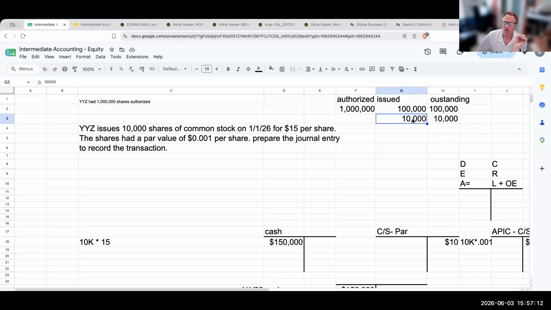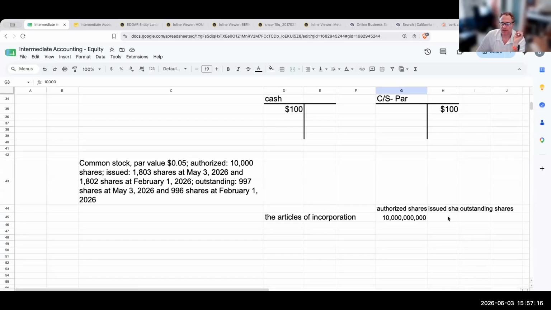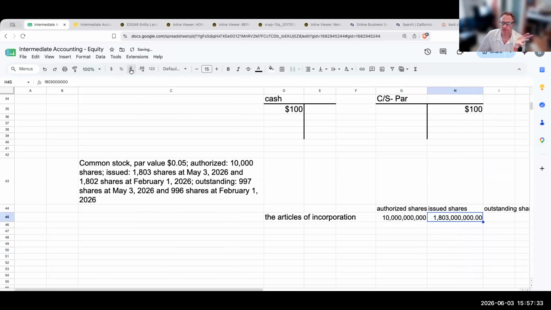And that's basically the definition of what we call treasury stock. So let's take a look again at Home Depot a little bit more carefully. When I look at this over here, you're going to see 1,803, or 1.8 billion, issued shares. This is the number of shares that they have actually issued.